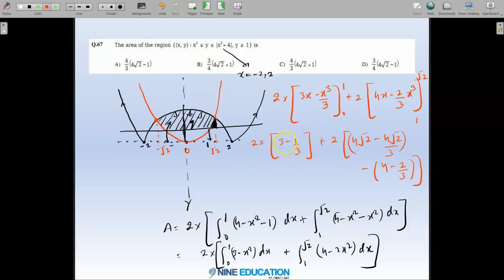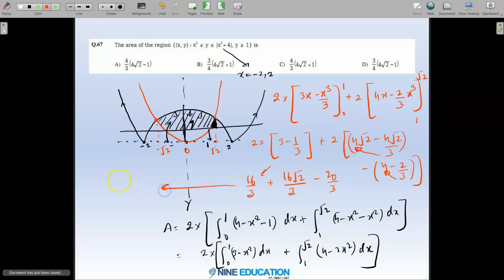So 3 into 3 is 9, 9 minus 1 is 8, 8 into 2, we will be getting 16 by 3 on calculating the first term. Then the second term: 3 into 4 is 12, 12 minus 4 is 8, 8 root 2 into 2 is 16 root 2 by 3, and then at last this is 12 minus 2 is 10, 10 by 3 into 2, minus 20 by 3, we are getting.